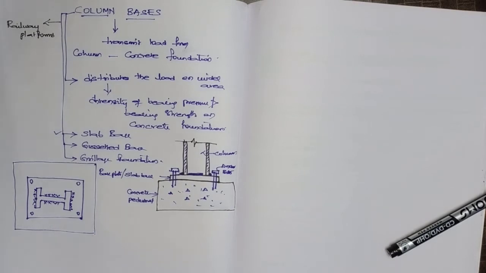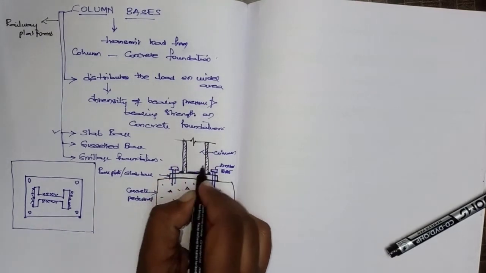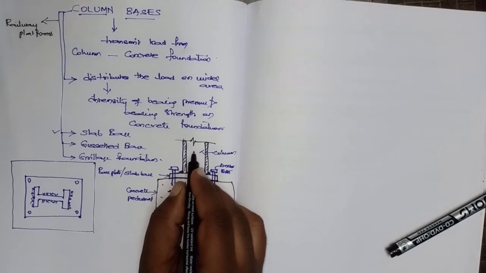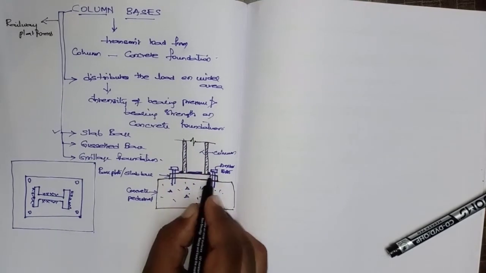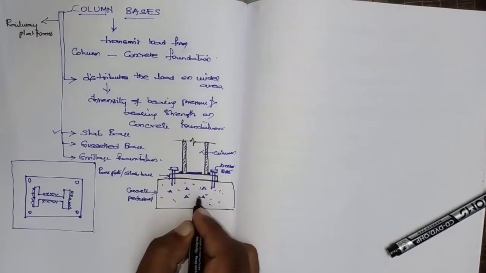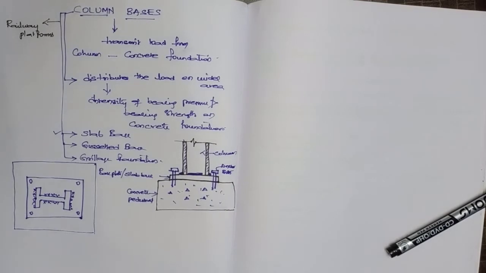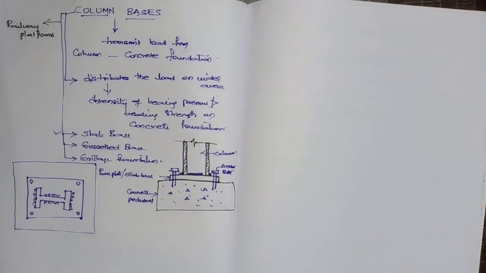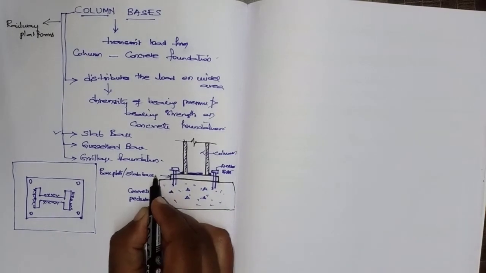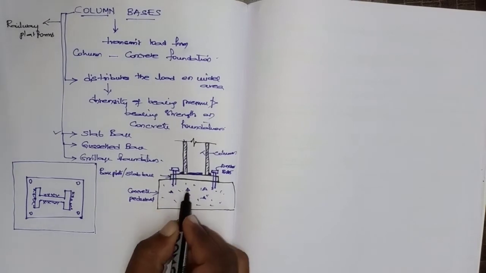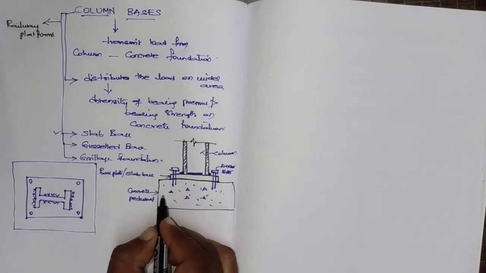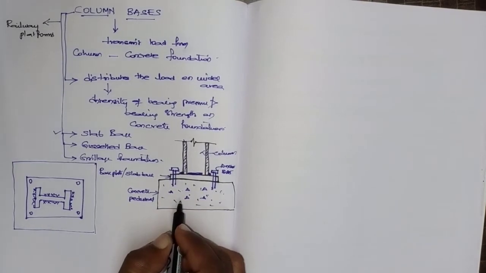Now to this column you are going to design the base. That is, it has been categorized into two things. One is design of slab base, and next one is design of concrete pedestal.